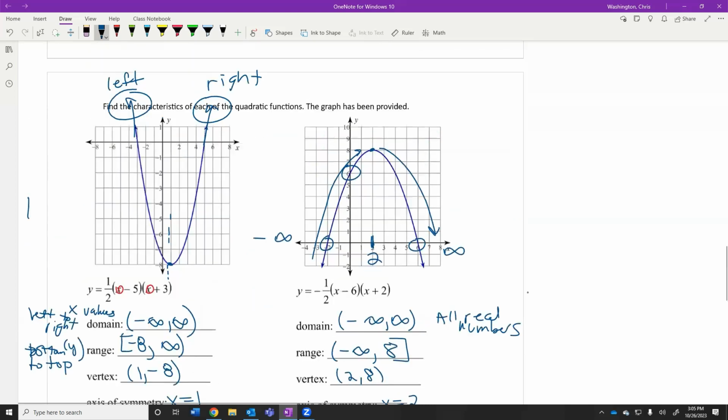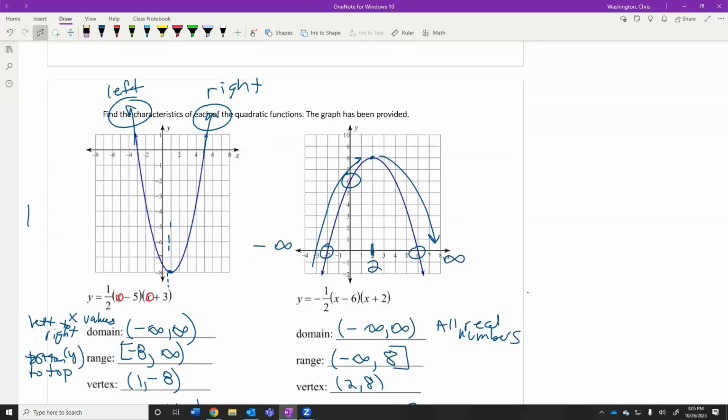Now, maybe we're talking about, we launched a rocket or something, and we want to know, when was that rocket above the ground? We launched the rocket from a bunker. So we watched this rocket from a bunker, like right here. When was the rocket above the ground? That would be the example of positive. When did the rocket go back below the ground, or when did it hit the ground? Would be the example of negative.